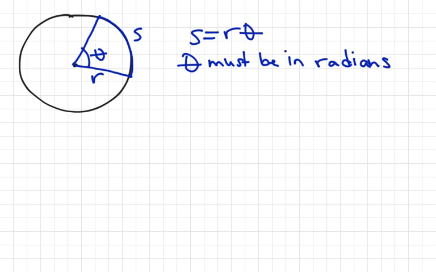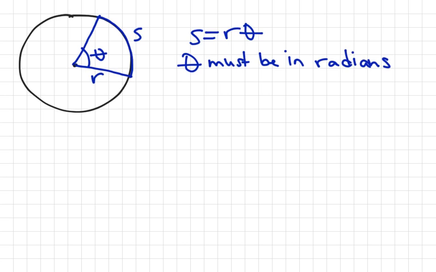Now let's talk about a concept we talked about in geometry, but we're going to talk about it with a trigonometric aspect. In geometry, we learned how to find the length of an arc if we knew the radius of the circle and we knew the angle between the two rays that made the arc.